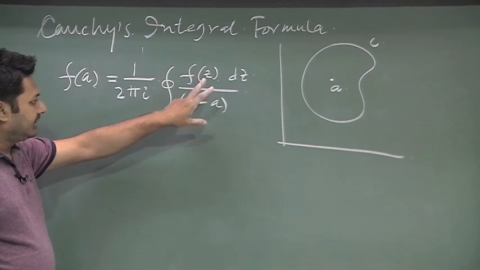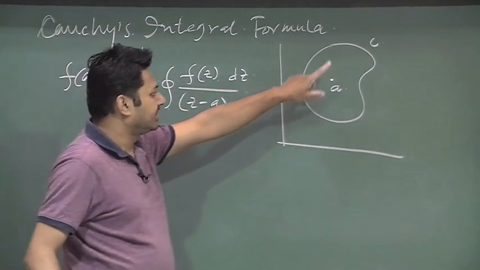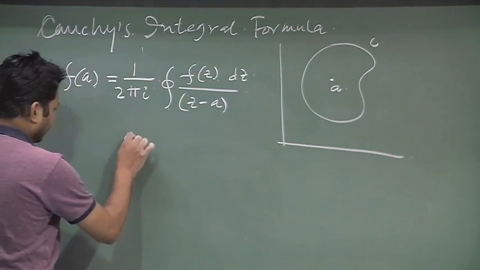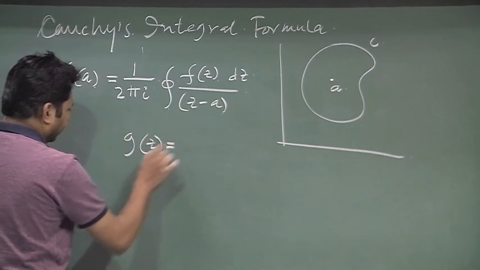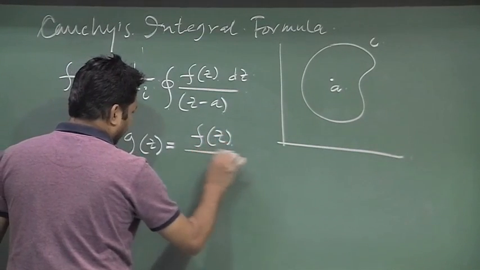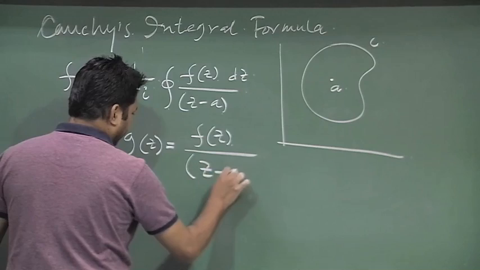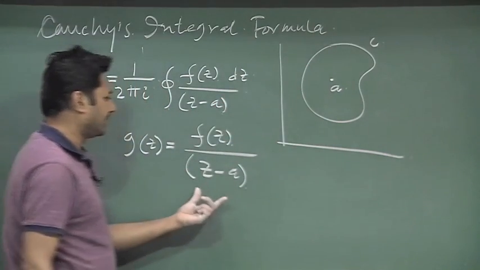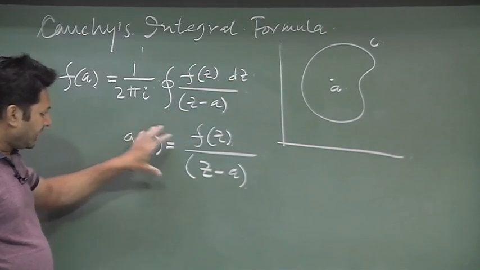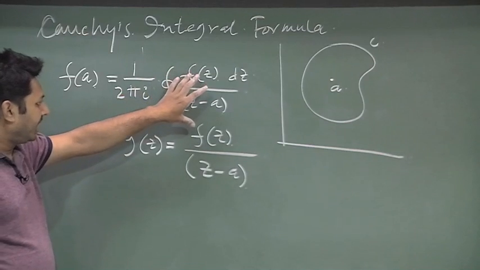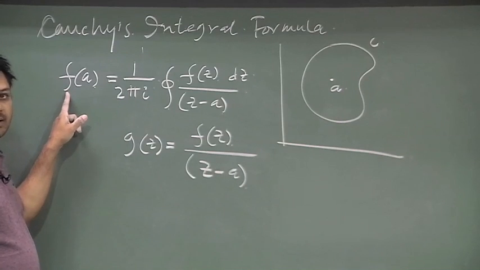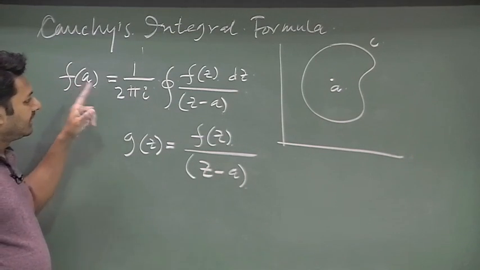f(z) is a function which is analytic in this region, but please note that this quantity g(z), which is f(z) divided by z minus a, is not analytic in this region. So here I have a function g(z) which is not analytic. If I try to find the integration over C, then the value of the integration will be just 2 pi i multiplied by f(a), where f is an analytic function.